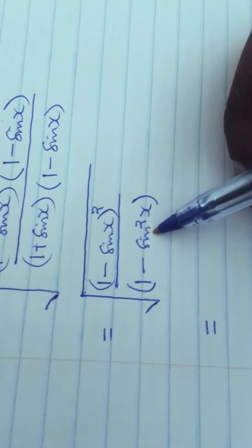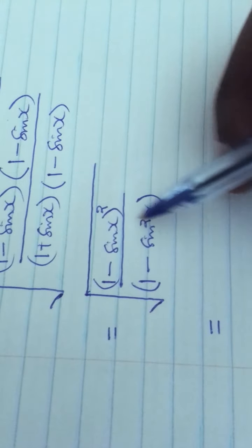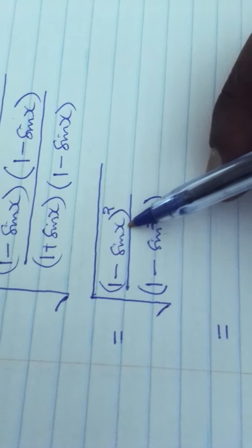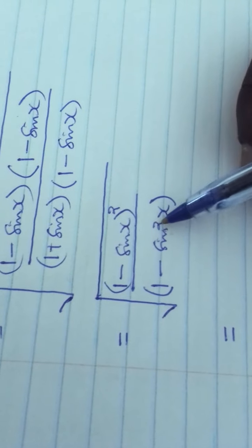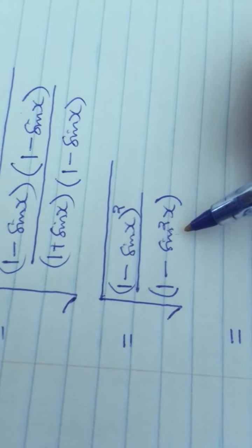So this one and this one, they are different, so you cannot cancel them, so you must be very careful. Some students will make a mistake and say this one is 1, then they cancel.